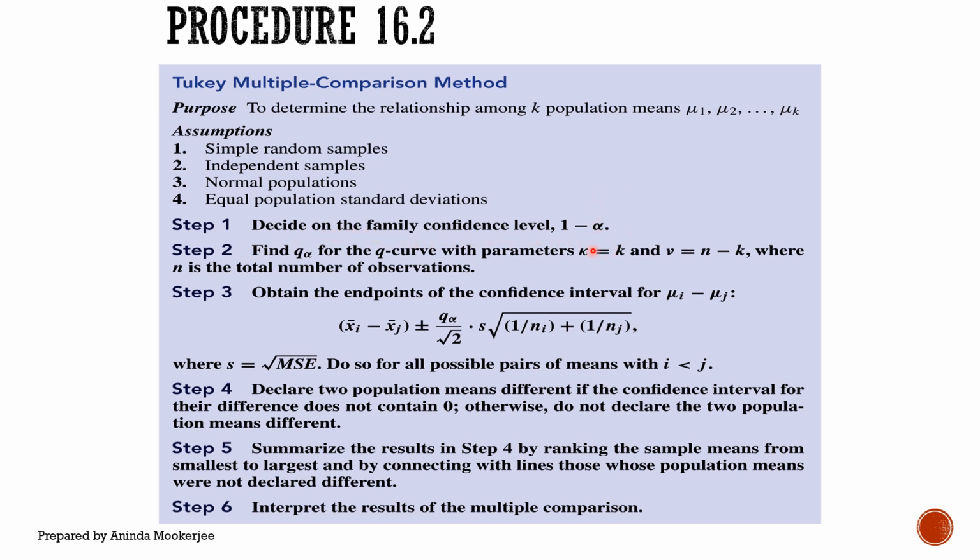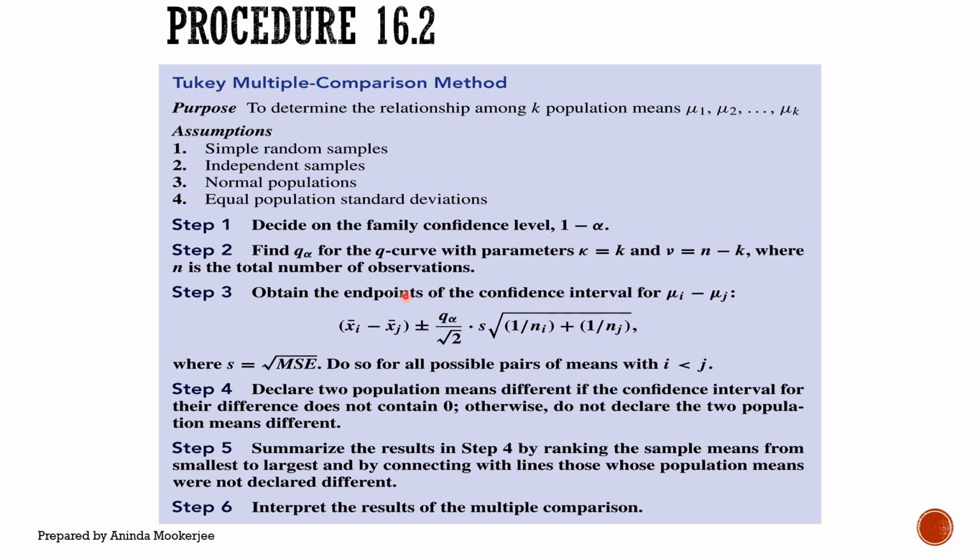All right, so the confidence level is 1 minus alpha like with any confidence level, but because we have multiple comparisons here, we use the word family confidence level. Step two is to find Q sub alpha for the Q curve with parameters kappa equals k and nu equals n minus k, where n is the total number of observations, right?